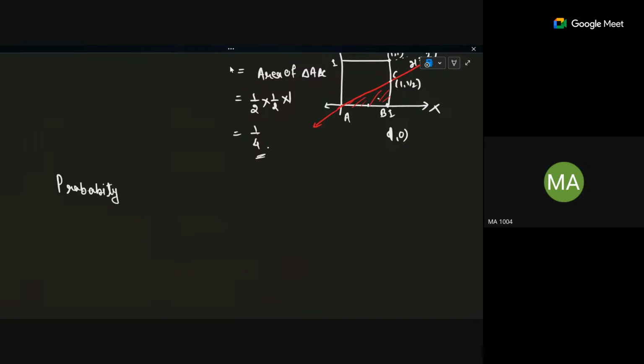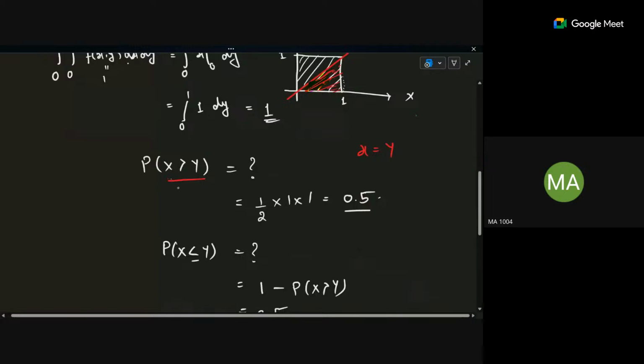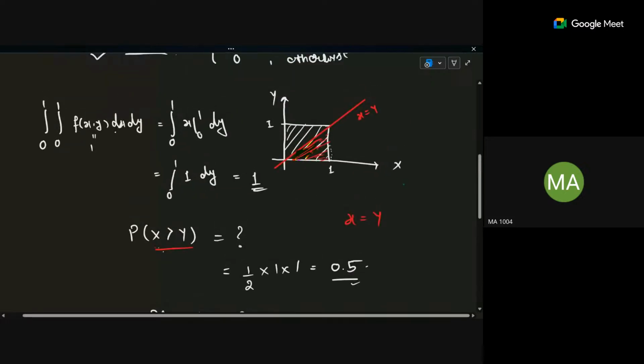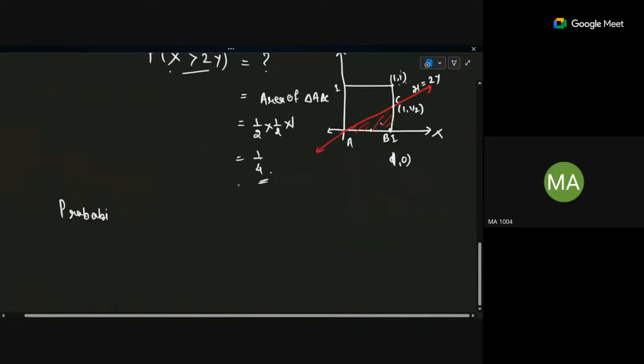Right. So here, in the area questions we have solved, we are just directly calculating the area of favorable outcomes. Probability x greater than y is nothing but the area of favorable outcomes. These are your favorable outcomes, isn't it? So why are you not considering total outcome here? Because it is 1, ma'am. Yeah, because it was a standard uniform distribution.